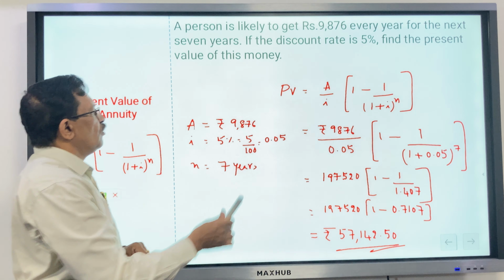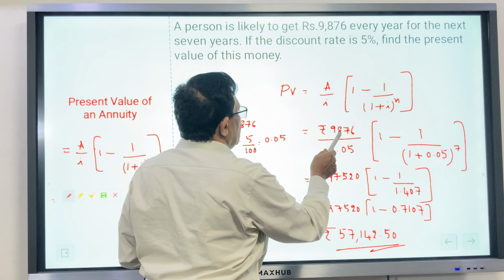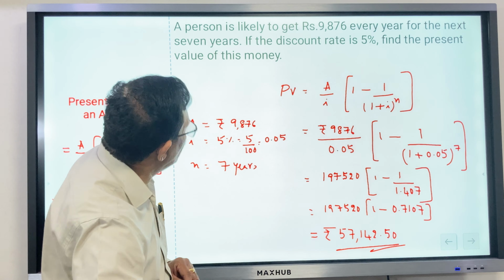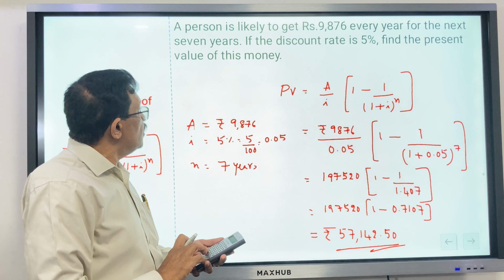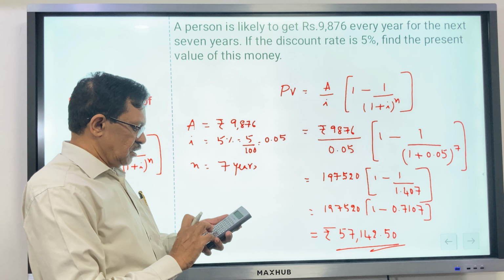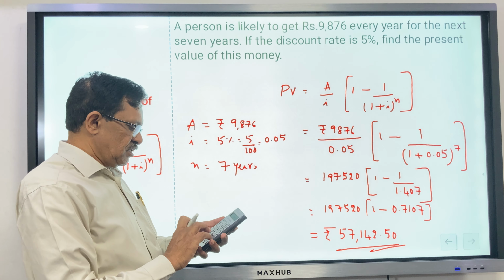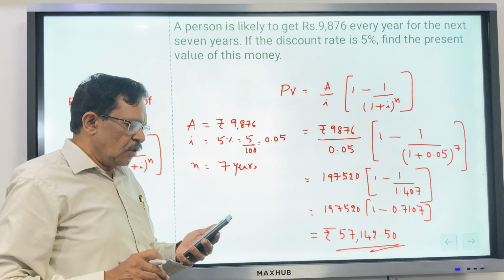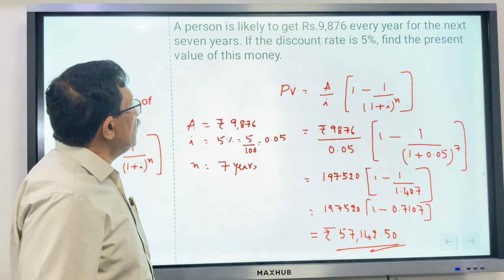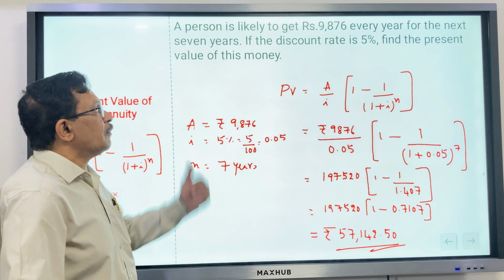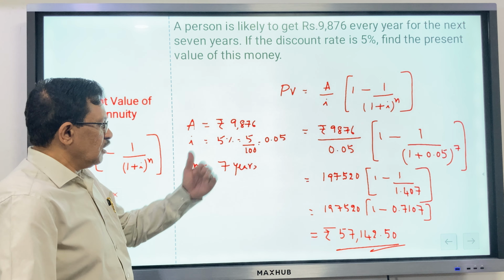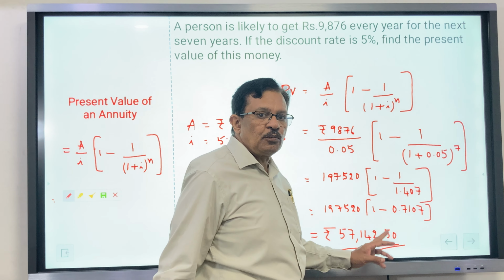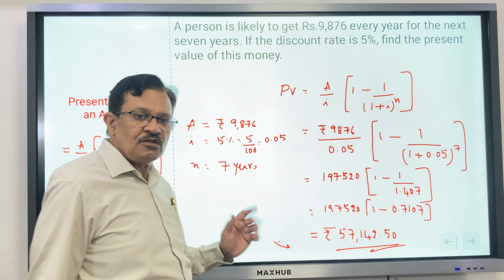So if you are going to get 9,876 rupees every year for 7 years, how much is it actually? 9,876 multiplied by 7, actually you are getting 69,132, but it is not equivalent to the present value. They are coming at a later date. So what is the present value of that? It is equivalent to 57,142.50. This is how you are going to solve the problem.